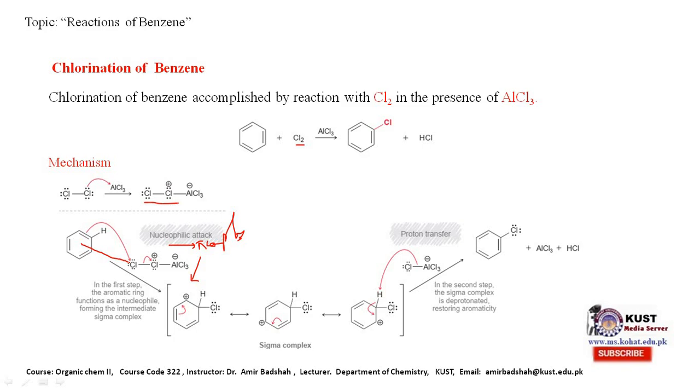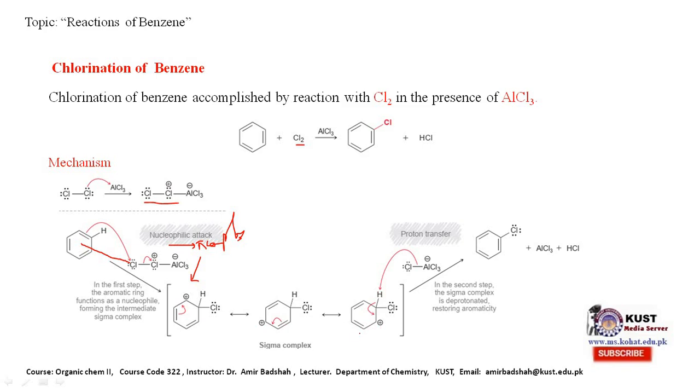Then it changes into a sigma complex, where there is a proper bond between the electrophile and one of the carbons of the ring, and on the adjacent carbon a positive charge appears. The positive charge is not limited to one carbon atom but spreads over the whole ring. This positive charge is transferred to this carbon, then these electrons are shifted here and the positive charge is shifted here.